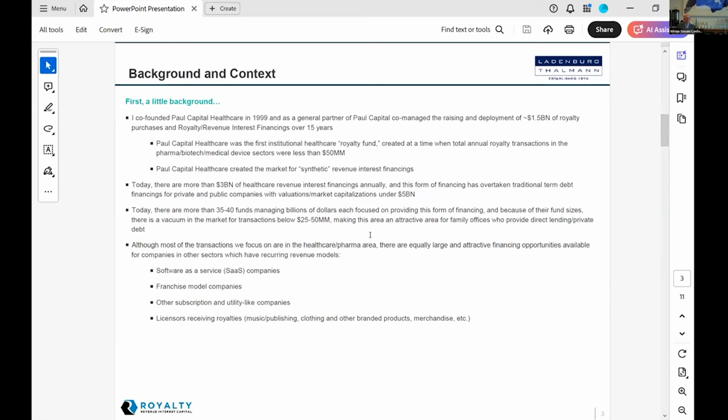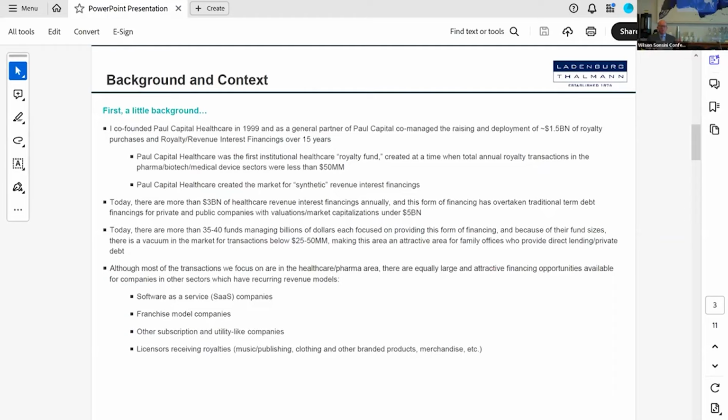And this form of financing has actually overtaken term debt financing for biotech, pharma, medical device companies that have valuations or market caps of $5 billion and less. So this form of financing is now more popular than term debt, and I'll explain why that's the case, because it's literally the most flexible form of financing as an alternative to equity and traditional term debt. It's basically a third form of capital.